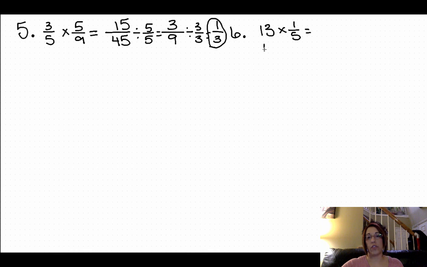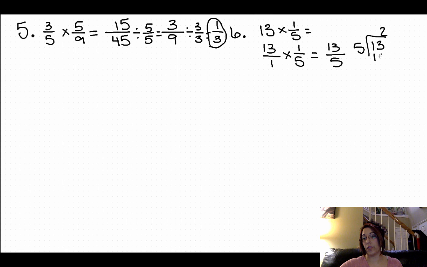13 times 1/5. 13 needs to be in fraction form. 13 over 1 times 1/5 equals 13/5. That is improper. 5 will go into 13 twice. That's 10.